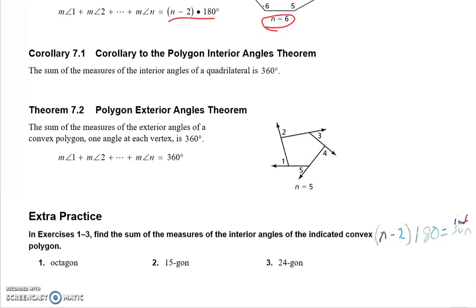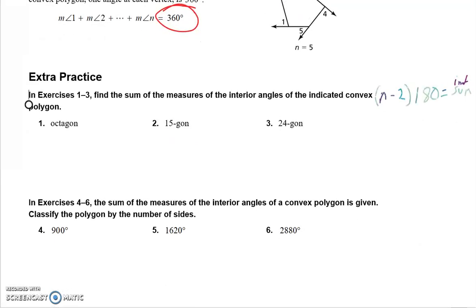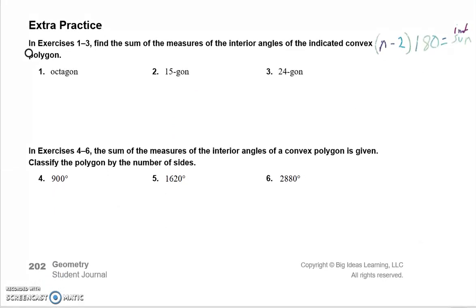The exterior angle theorem, super easy. It equals 360 always, so there's nothing really to remember as far as formula. So here's how these work. When you do an octagon, that means there's 8 sides. So all you have to do is take this formula over here.